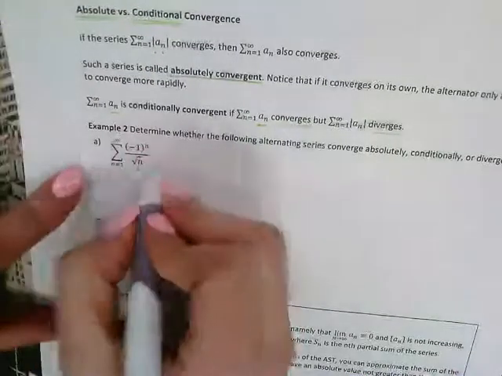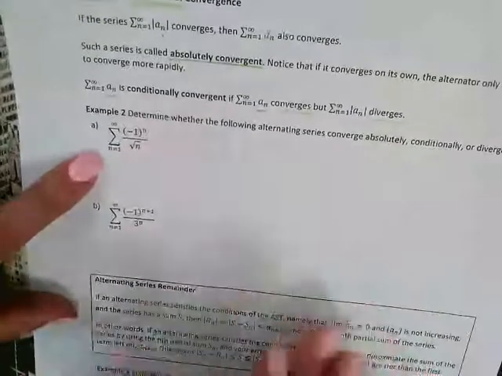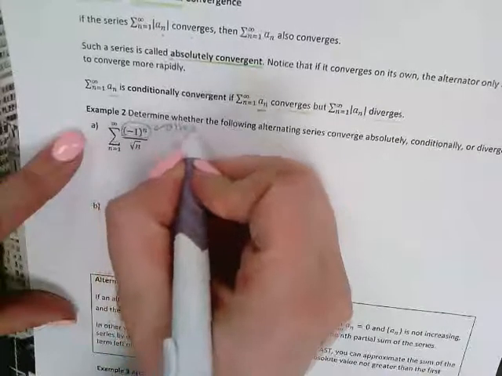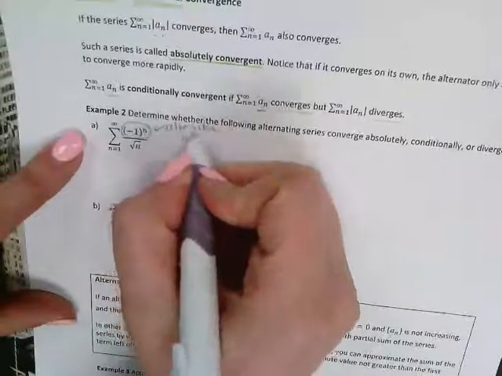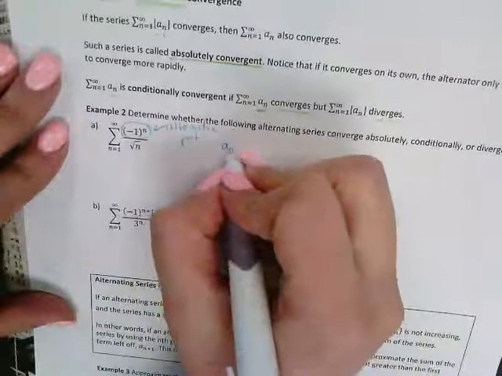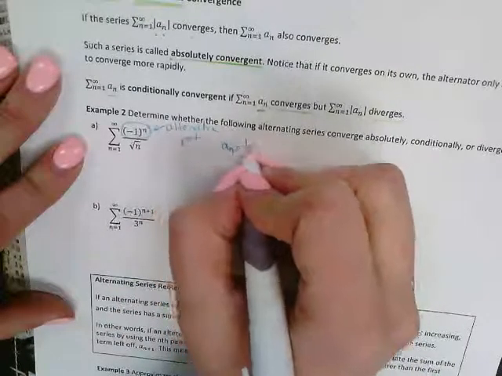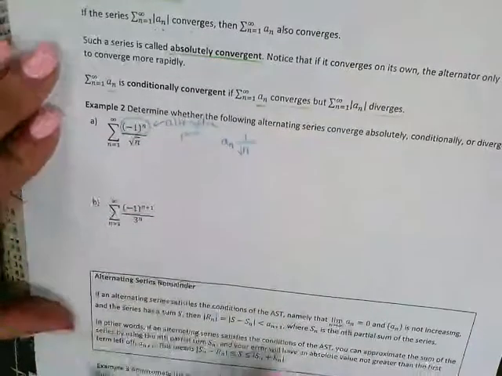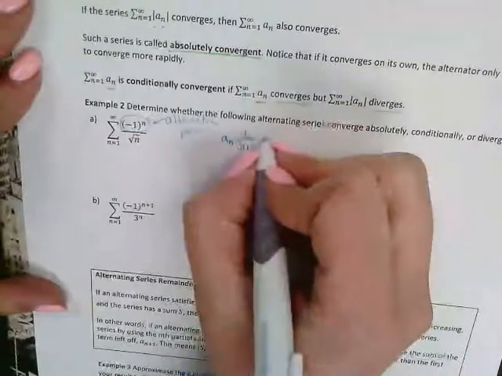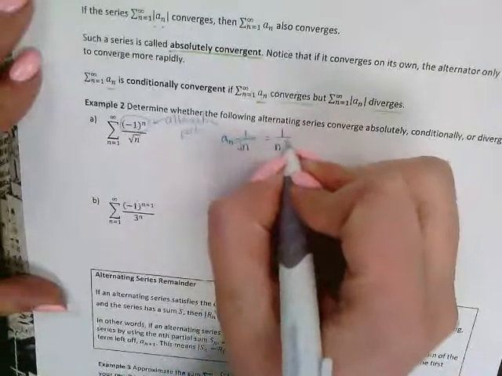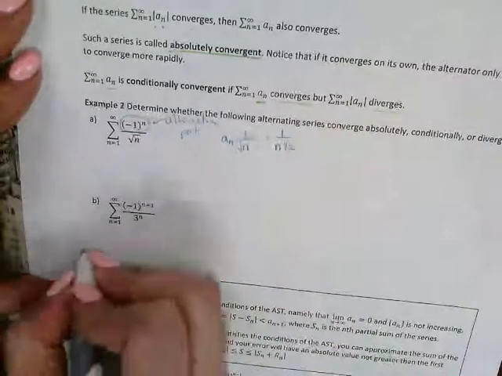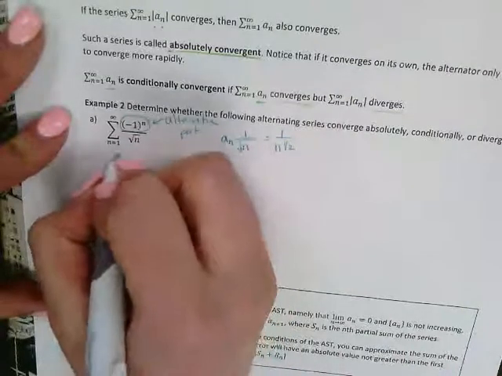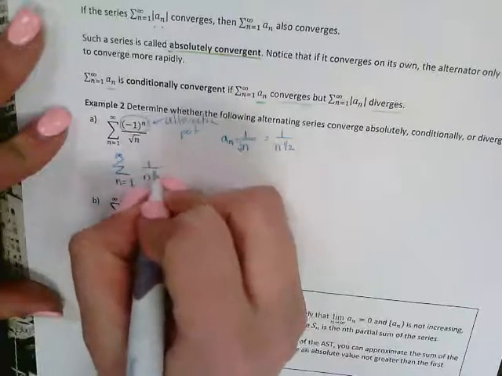So here is my alternating series. The reason I know it's alternating is because this is my alternating part. So here my a_n is actually just going to be 1 over the square root of n, correct? After I remove the alternating part. I'm going to rewrite this because as soon as I rewrite it, you'll notice which test you should be using. So my new series without the alternator looks like that.